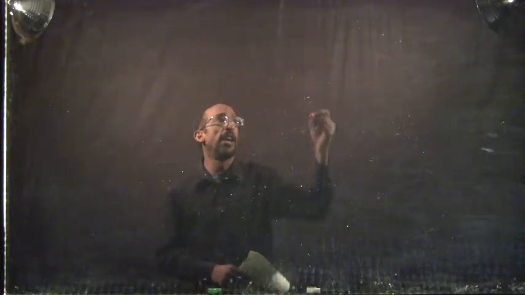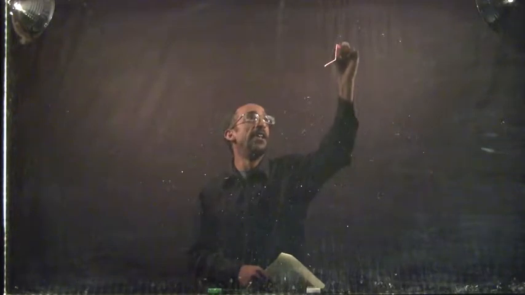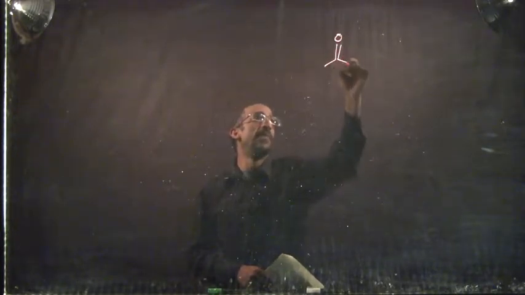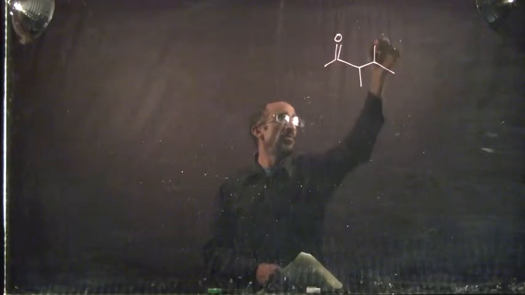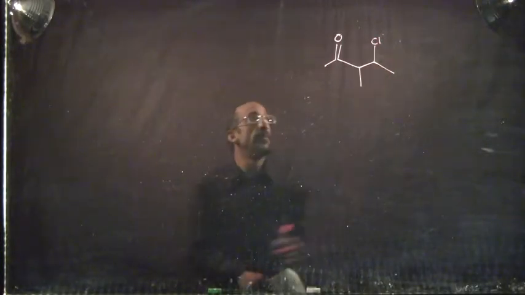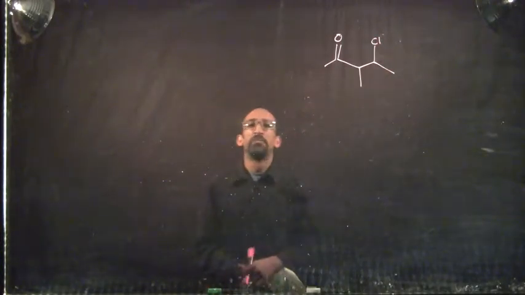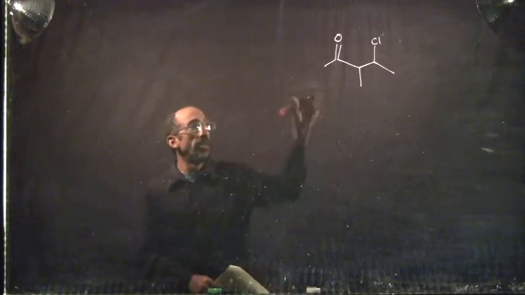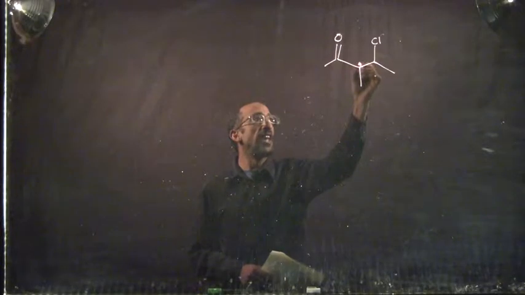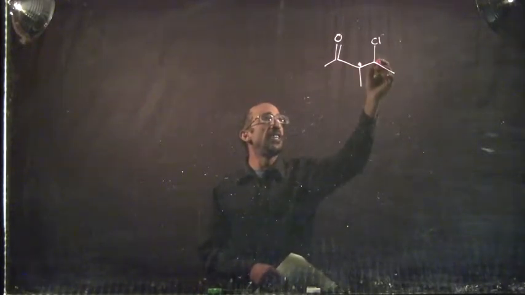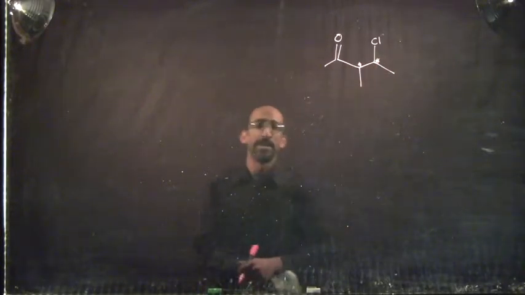Let's start off by just drawing a generic organic molecule that could potentially have more than one chiral center. So I have this ketone, it's got a methyl group and a chlorine, and so I can potentially have a chiral center at this carbon, and I can potentially have a chiral center at that carbon.